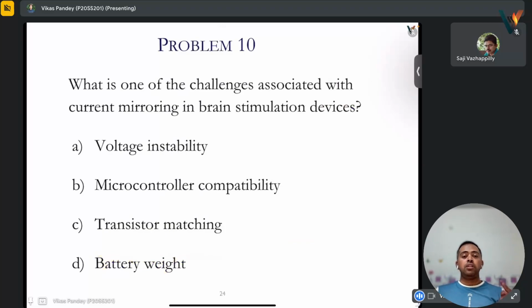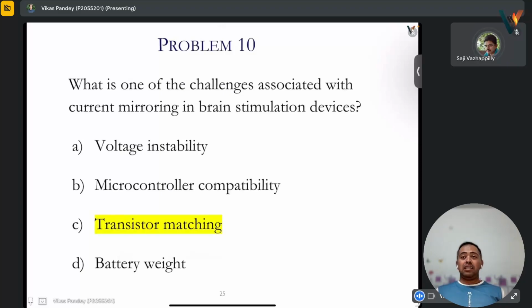Okay, what is one of the challenges associated with current mirroring in brain stimulating device? Voltage instability, microcontroller compatibility, transistor matching, or brain weight. It is transistor matching. Why is it so?